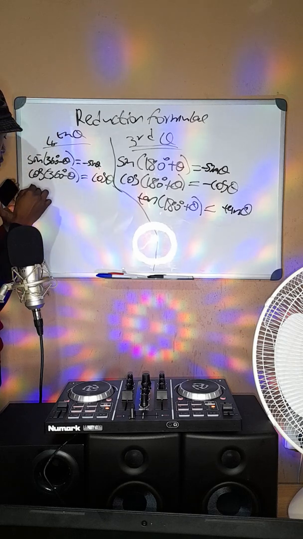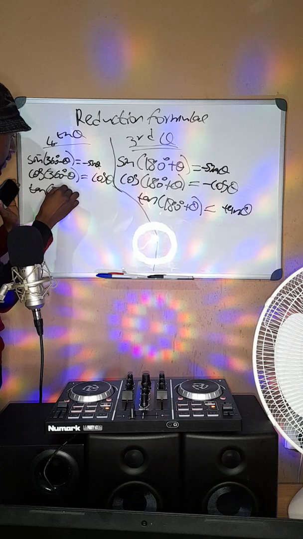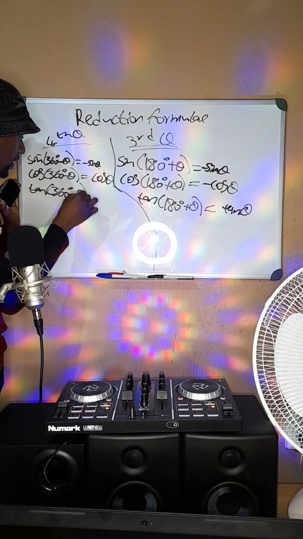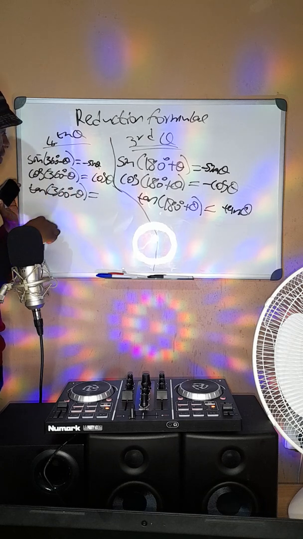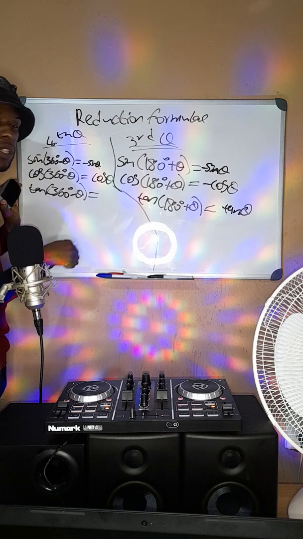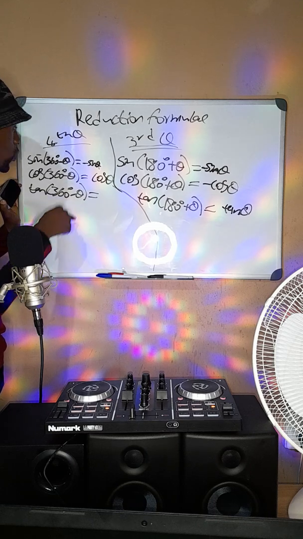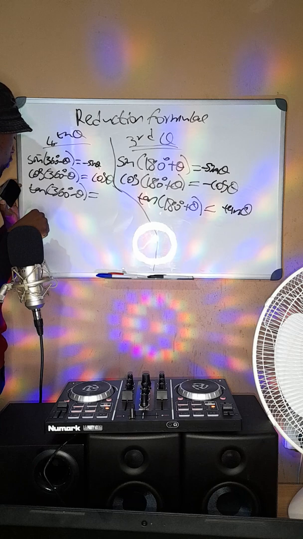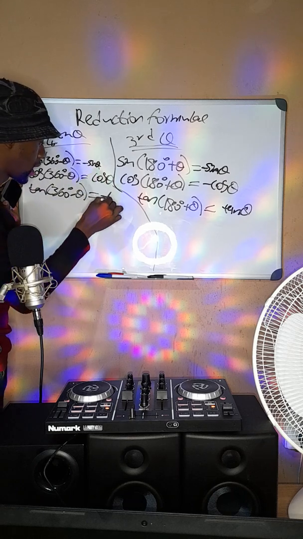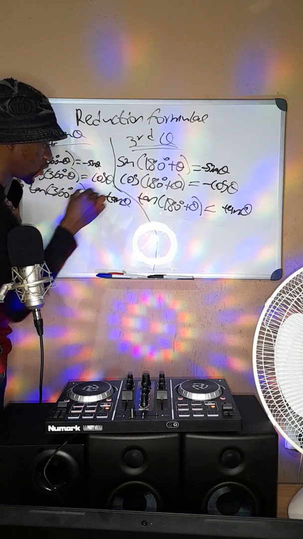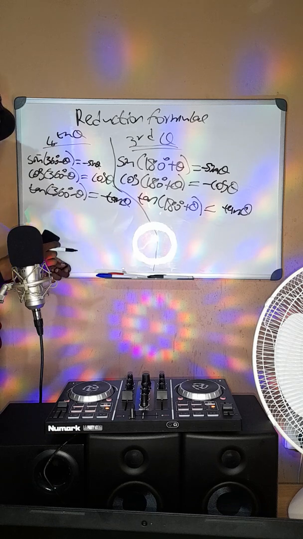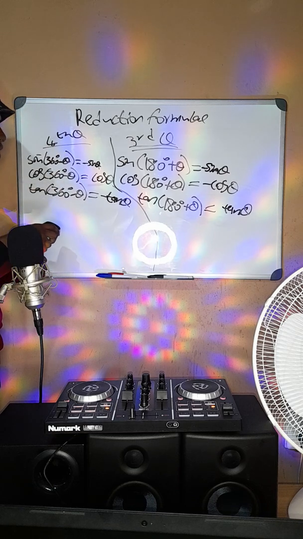Then we go to the tangent there, 360 degrees minus theta. Which quadrant is that one? It is the fourth quadrant. Then in the fourth quadrant, our tangent reduces to negative tan of the acute angle there. Okay, that's our reduction formulas.